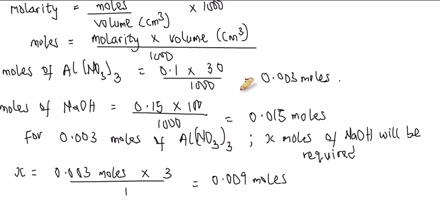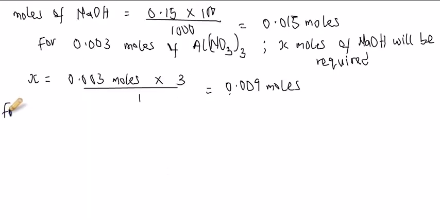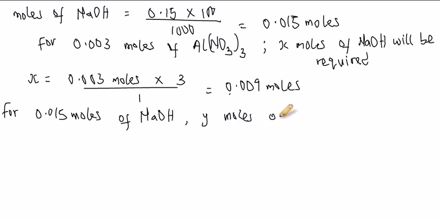So let's do that for 0.015 moles. Let's use Y to represent that. Y moles of aluminum nitrate will be required.